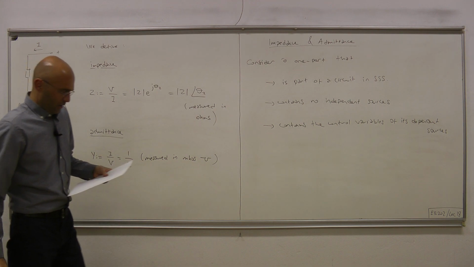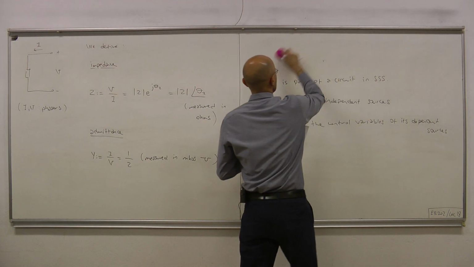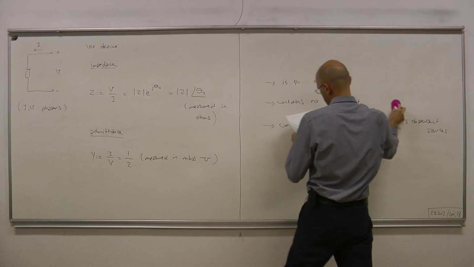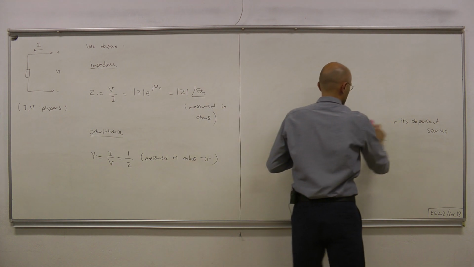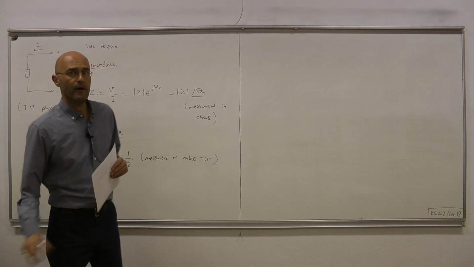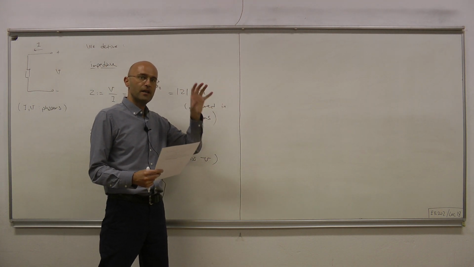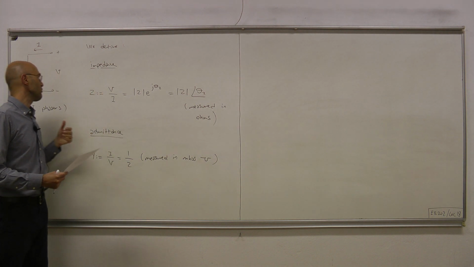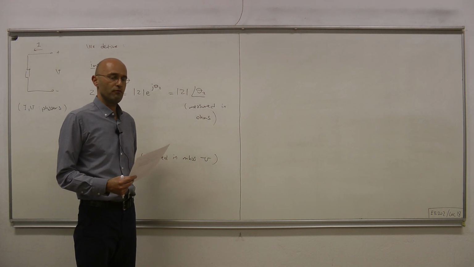So, as we said, impedance is a generalization of resistance, and furthermore, its real and imaginary parts have certain names. Later on, we'll see the importance of the real and imaginary part of the impedance of a one-port from the power point of view.